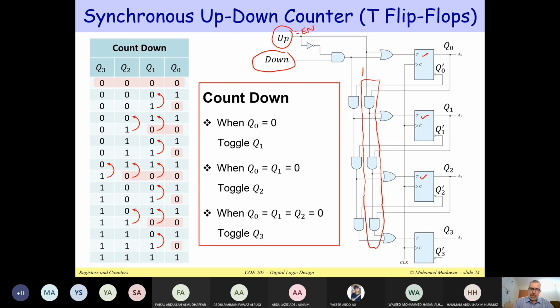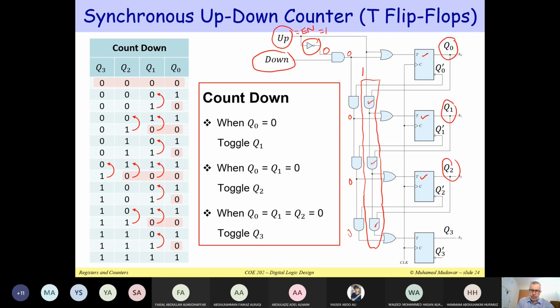Notice that if this is equal to 1, we have an inverter here. This will be 0, this will be 0, all of these will be zeros. So forget about the gates that appear to the left. Focus on these AND gates, and notice how we are connecting Q0, Q1, Q2 to all of these gates.